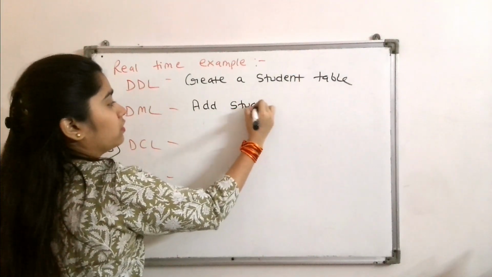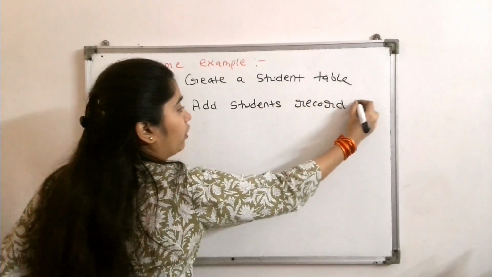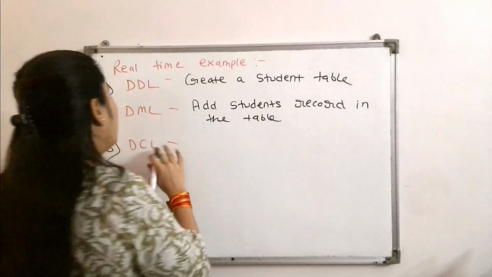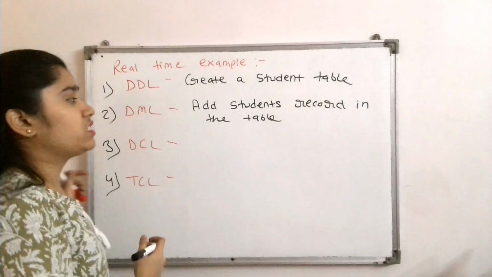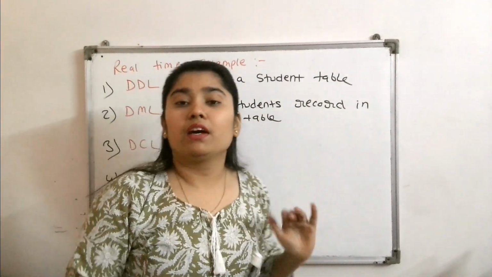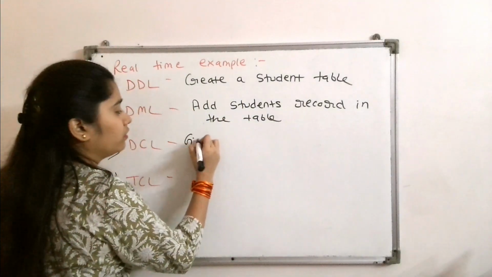Add student records in the table. Then in the DCL language, we give permission to teachers so that she or he can view the student data, the marks or whatever.